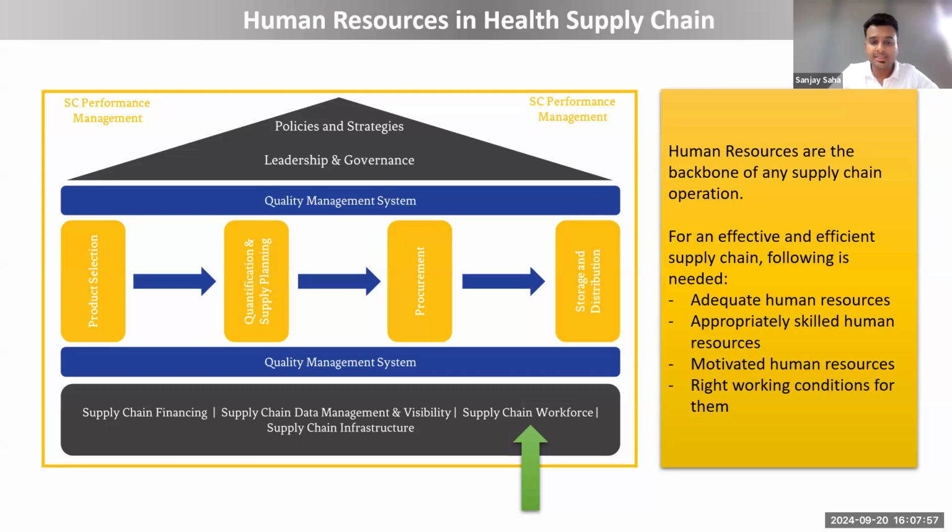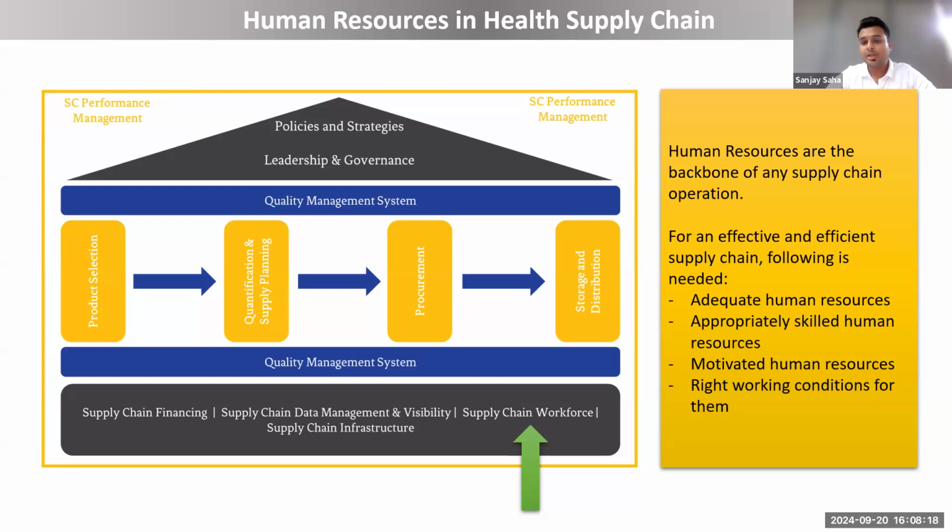This is the overall supply chain framework. And in this course, in CLC2, we are focusing first of all on the foundations, which is the base layer. If you see where the green arrow is, in this base layer, in the foundation, lies the supply chain workforce, human resources.